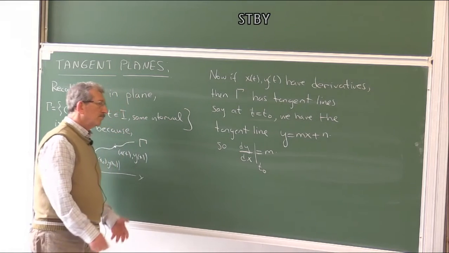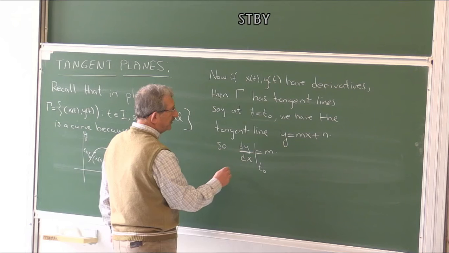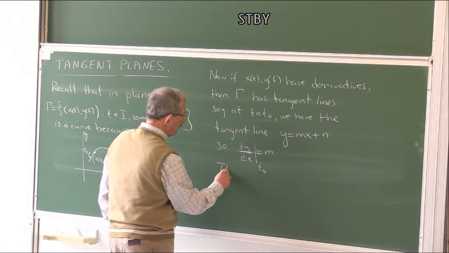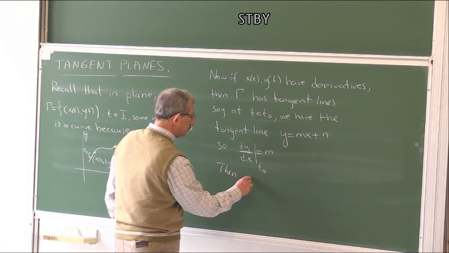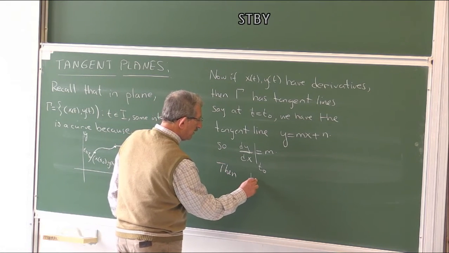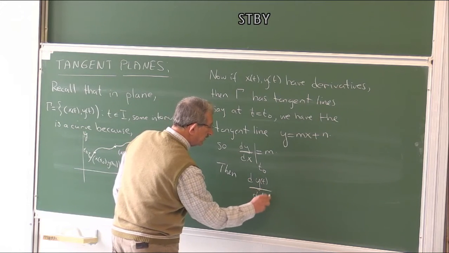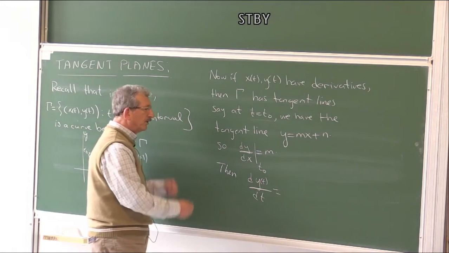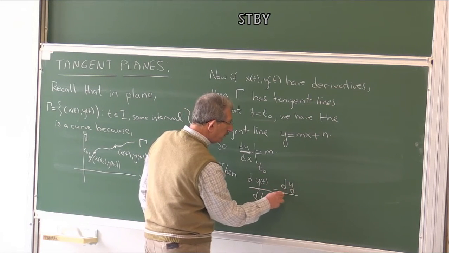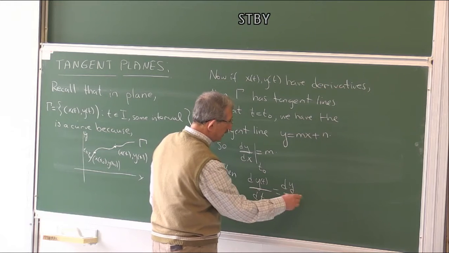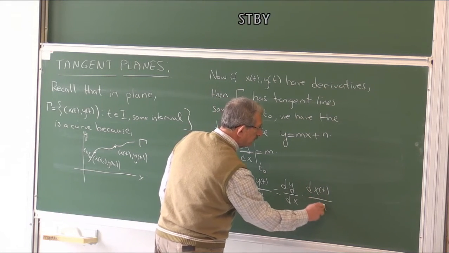Now, the chain rule tells us that the derivative dy by dt at p0 is the derivative of y with respect to x times the derivative of x with respect to t.